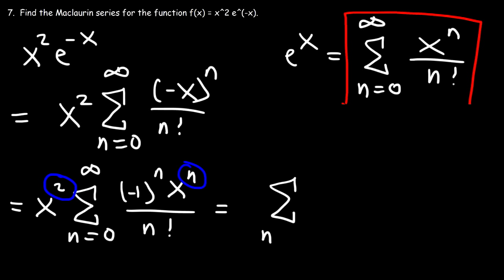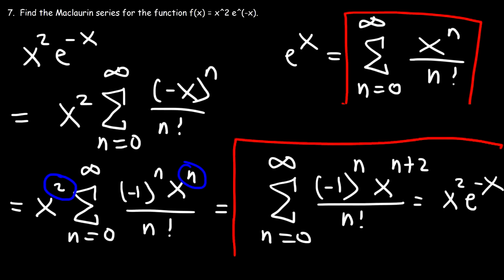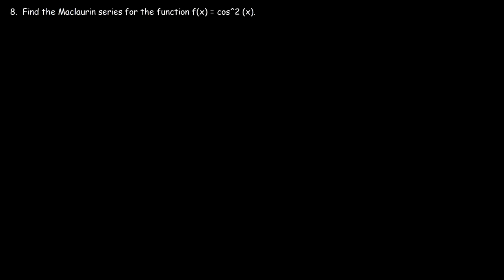And so this is going to be the final answer. So we have the series from 0 to infinity, negative 1 to the n times x raised to the n plus 2 over n factorial. So that's equal to x squared e to negative x. And this is the final answer.